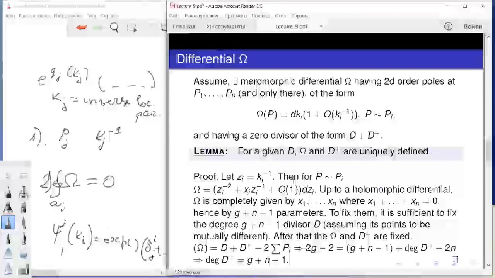Then, near the point pi, we can rewrite the upper relation in this form, where xi here is some complex number.